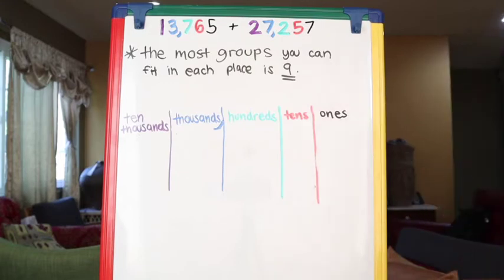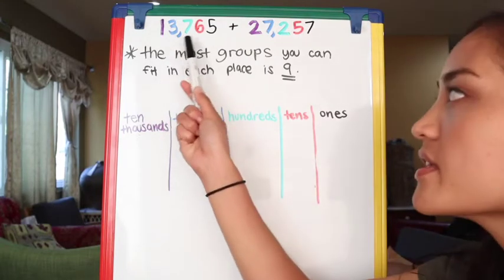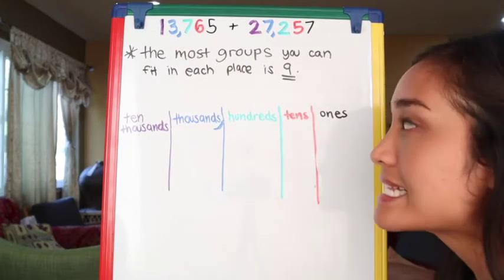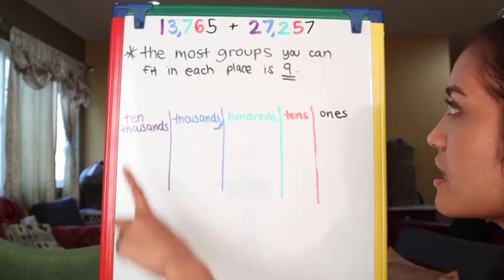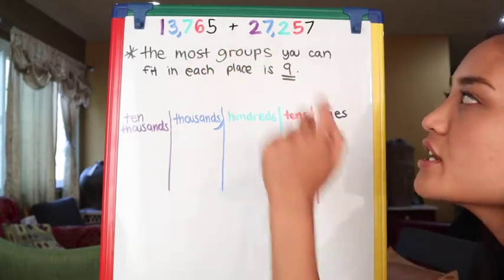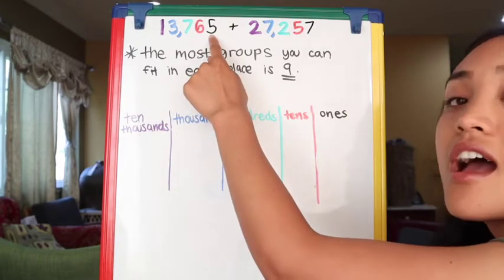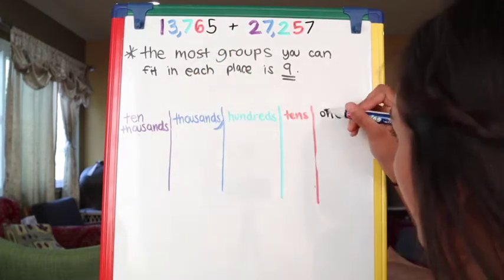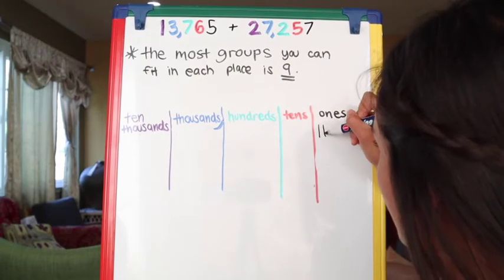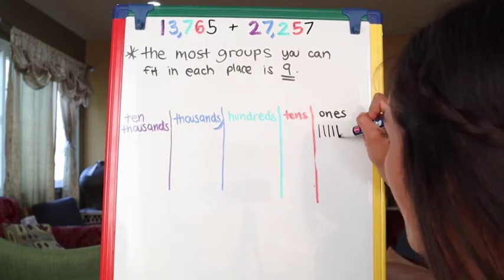Let's jump right in. Starting with this number, 13,765. Let's take a look at the ones place. How many groups do we have in the ones place? The answer is 5. So I'm going to write 1, 2, 3, 4, 5.